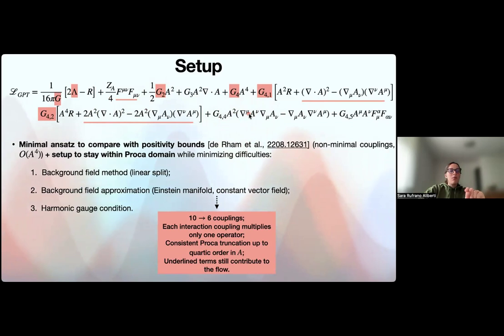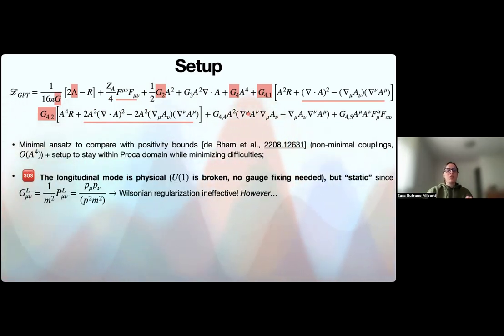Now, before moving on to the computation of the FRG flow, let me stress one thing regarding the Proca theory in general. In Proca theories, the longitudinal mode is physical because the U1 gauge symmetry is broken due to the presence of the mass term plus, in this case, other terms.